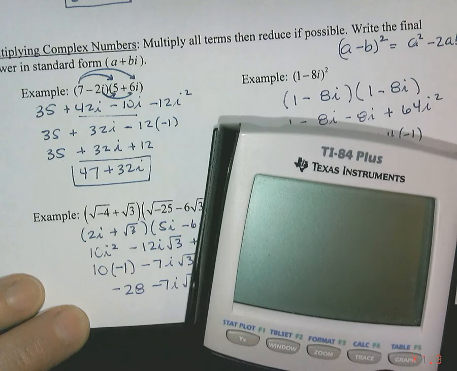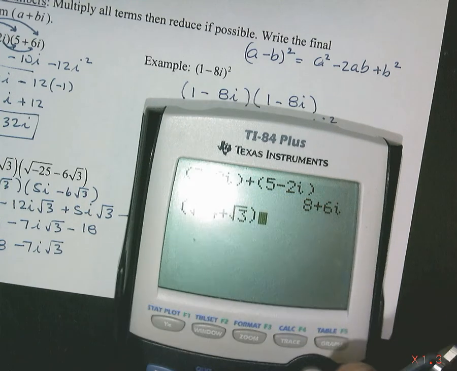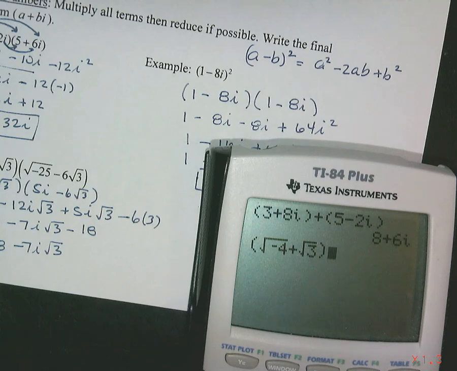And to check this with a calculator, you're going to get a decimal. I can show you. Let's do parentheses, square root of negative 4 plus the square root of 3. And you have to be careful how you're doing your parentheses. Notice where the radical ends. You do have to be very careful and watch what you're typing. So I have the square root of negative 25 minus 6 square root of 3.